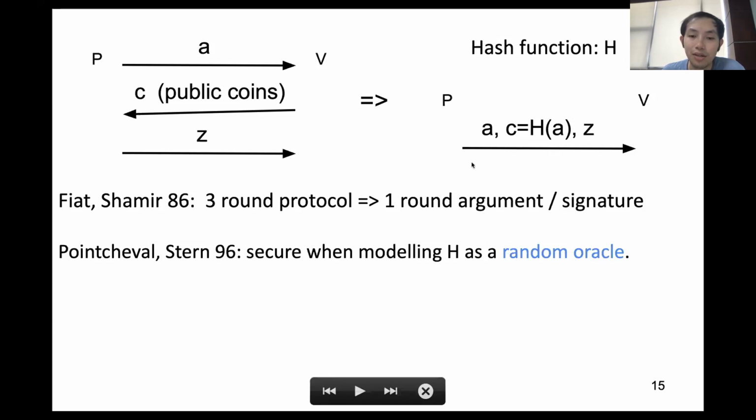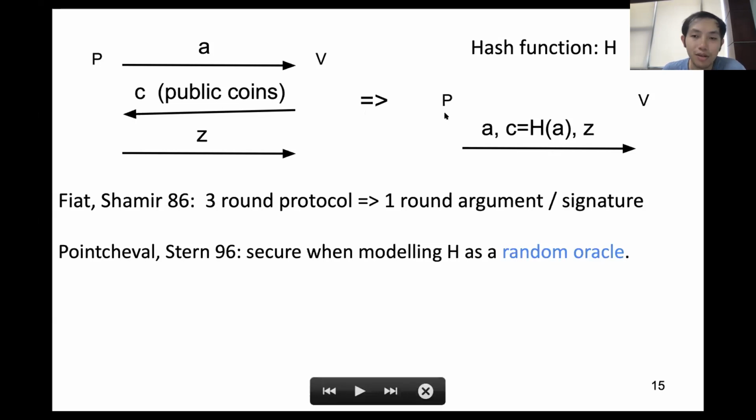And although I didn't write on the slides, recently there has been some work showing that if you model H as a quantum random oracle, meaning that if the three-round protocol has some quantum knowledge, then the resulting protocol is also sound under some circumstances of the original three-round protocol. So this assumes that we really model H as a random oracle.